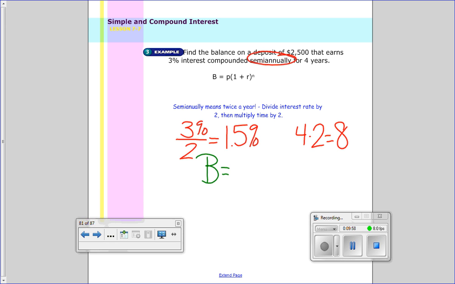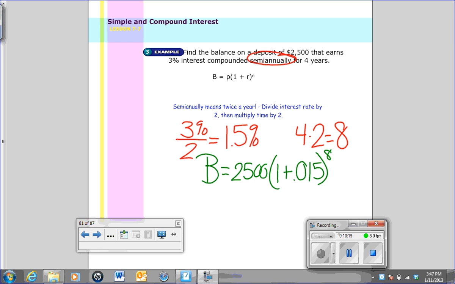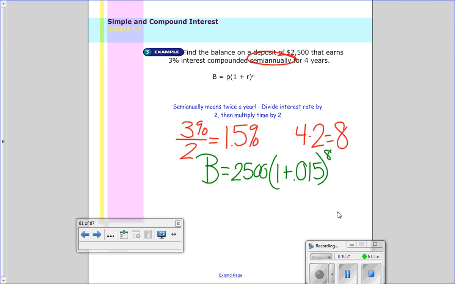B is equal to my principal, which is $2,500, times 1 plus, well, my interest rate is 1.5%, but again, I want that switched to a decimal, so it's really 15 thousandths. And then to the 8th power, because again, we do this 8 different times. So I can go ahead and solve it.